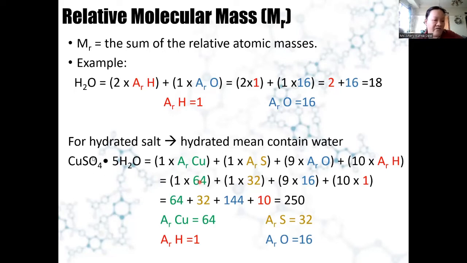How many sulfur? 1, so 1 times 32. How many oxygen? 4 plus 5 is 9, so 9 times 16. How many hydrogen? 2 times 5 is 10, times 1. So you calculate it, and the Mr of hydrated copper sulfate is 250.